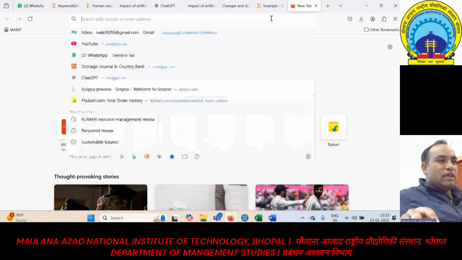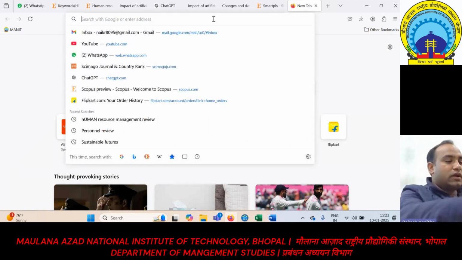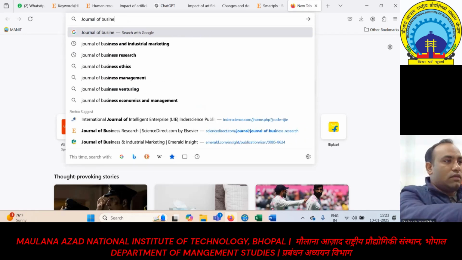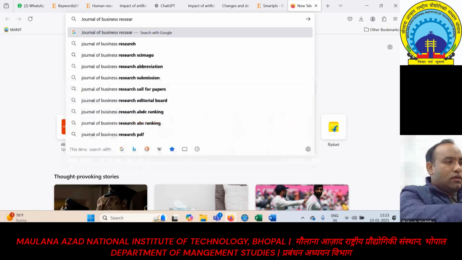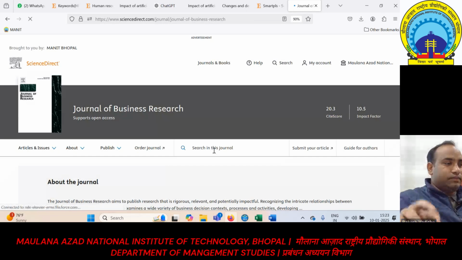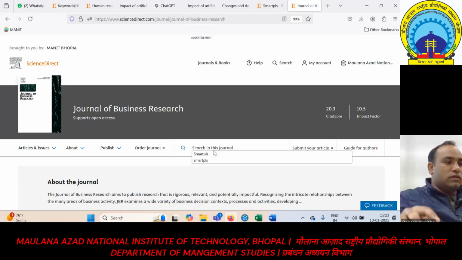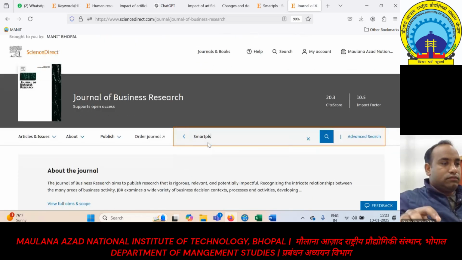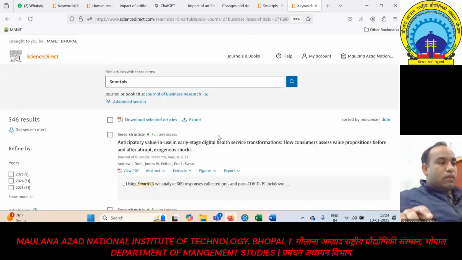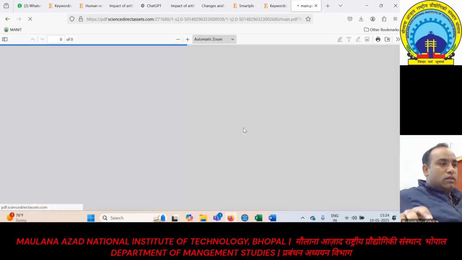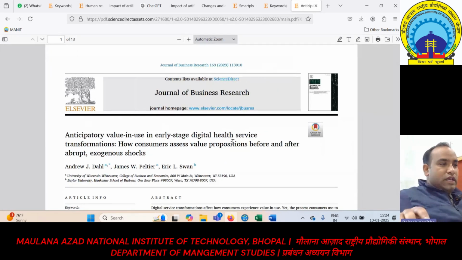Here we will see what kind of SmartPLS analysis other papers are doing. In Journal of Business Research, it was conducted in digital health services transformation.